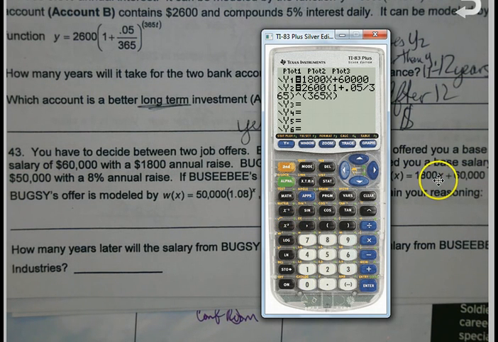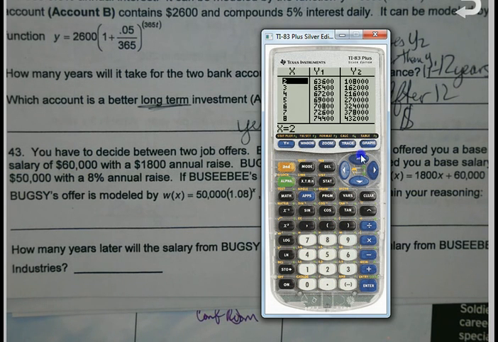So that's my first one here, and then my second one, and again, just like before, we're going to start from the beginning.